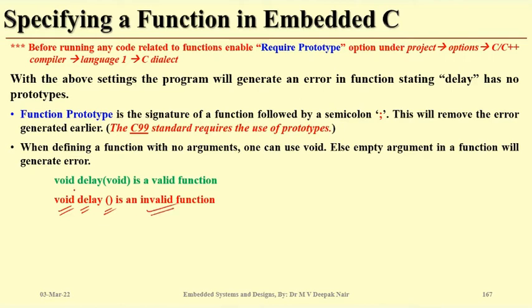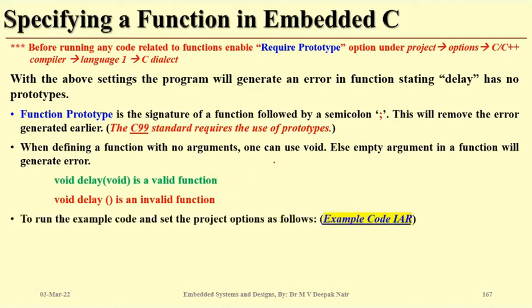So if you are using functions with no arguments, use the void word inside the argument section. Don't leave it empty. This is invalid, this is valid. Those are some of the rules for functions.